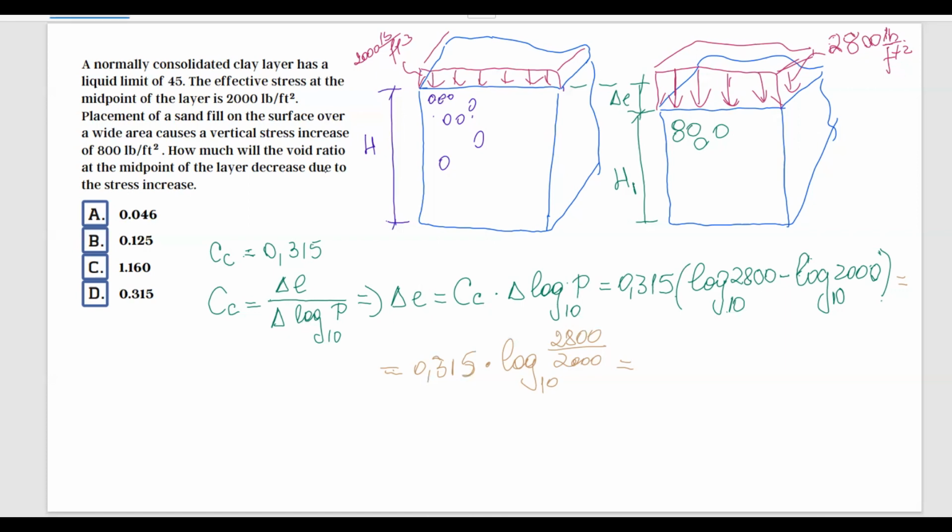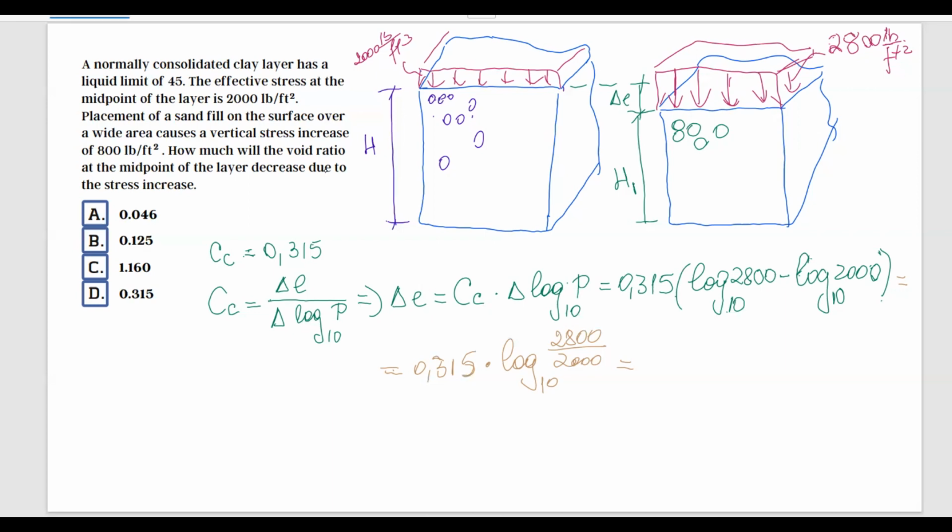So I'll have 2800 divided by 2000, and then I'll do logarithm base 10 of that. It's a function on the calculator, and then multiplied by 0.315.